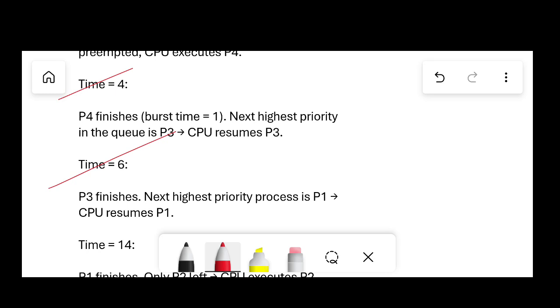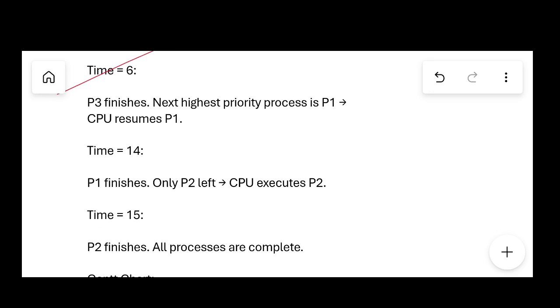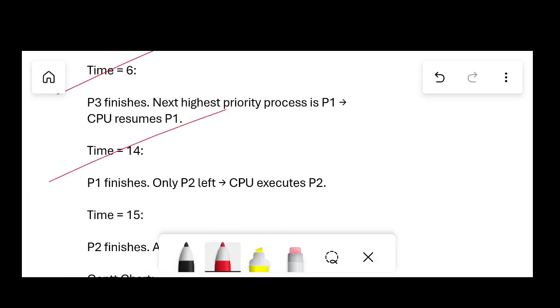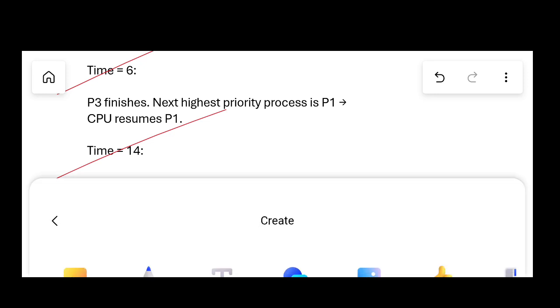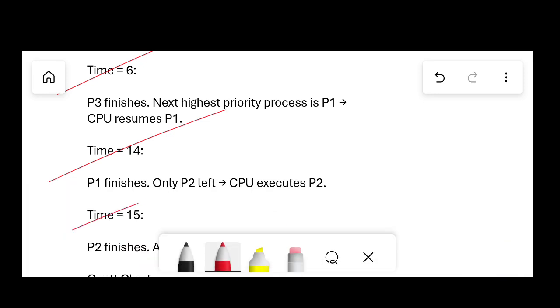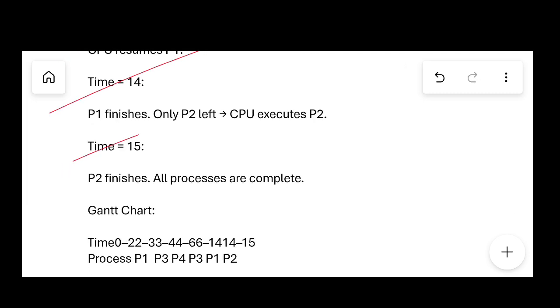Then at time 14, P1 finishes, so only P2 is remaining and the CPU runs P2. Then at time 15, P2 finishes, so all processes are done.